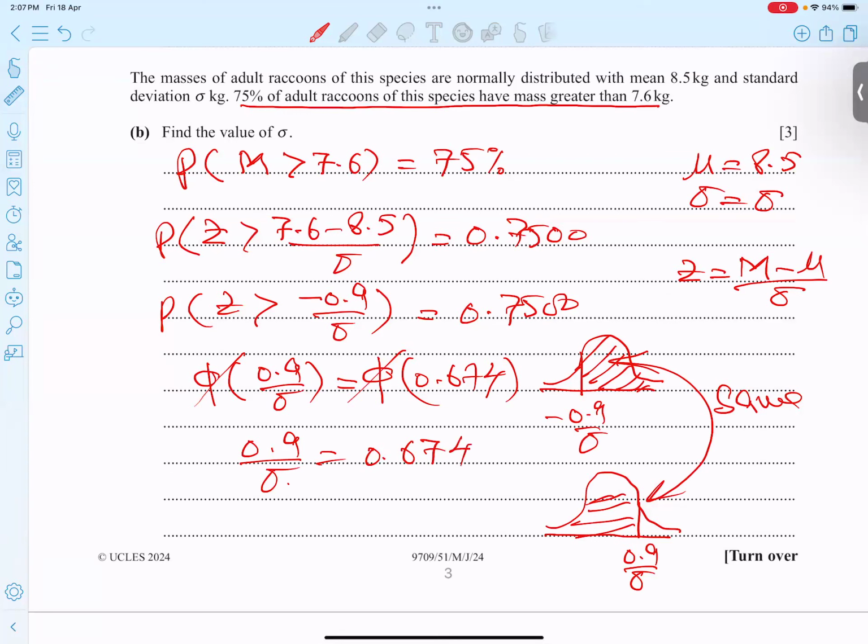It goes there, it comes down. So 0.9 over 0.674. Let me check. When I type this in the calculator, it comes to 1.335, rounding 1.34, around 3 SF always. I hope the point is very clear, and the question is completely over.